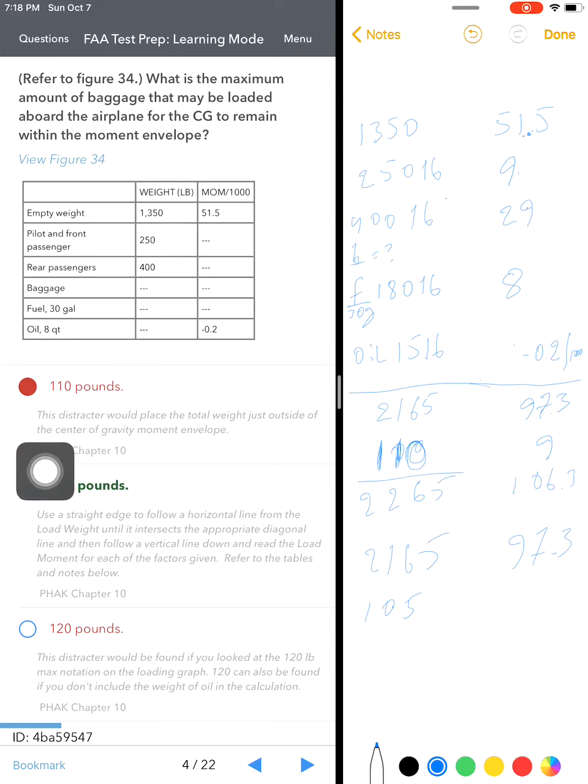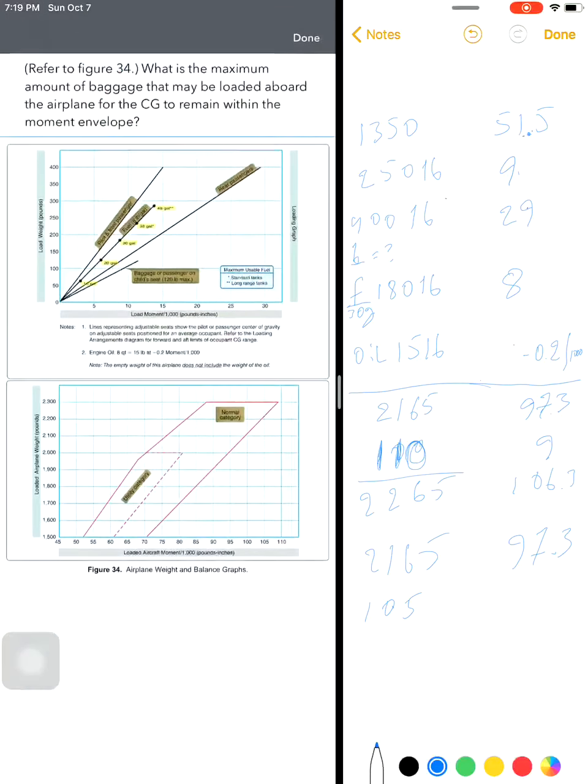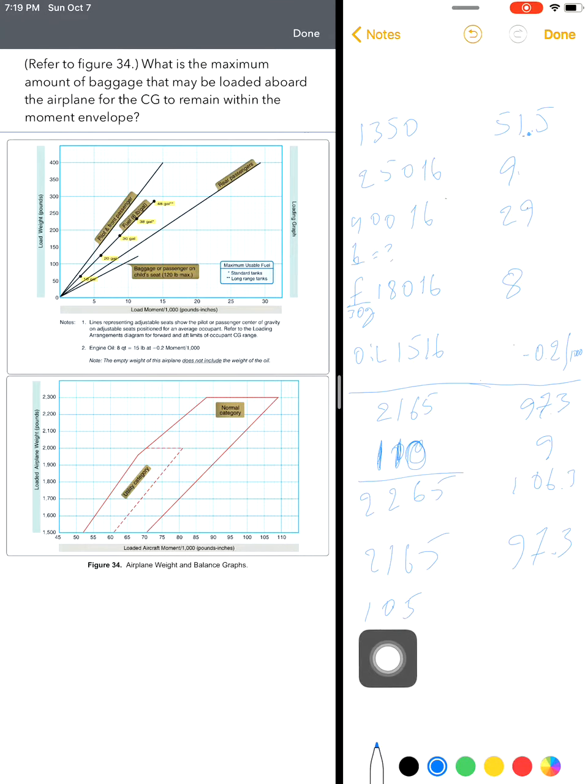So if it would have been 100, it would have been inside the envelope. So let's show 105. 105 should be right here somewhere, and then come down to a baggage right around here. So about 10.